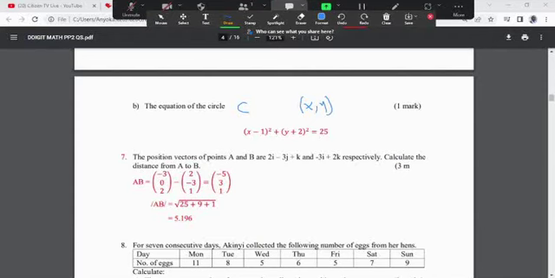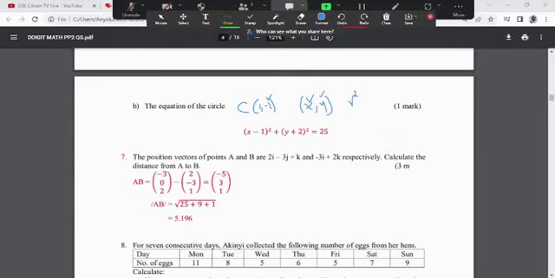Then you say x minus, our center was (1, -2). So x minus the x value of the center, so (x minus 1) squared, plus y minus the y value of the center, y minus minus 2, plus 5, is equal to the radius squared.